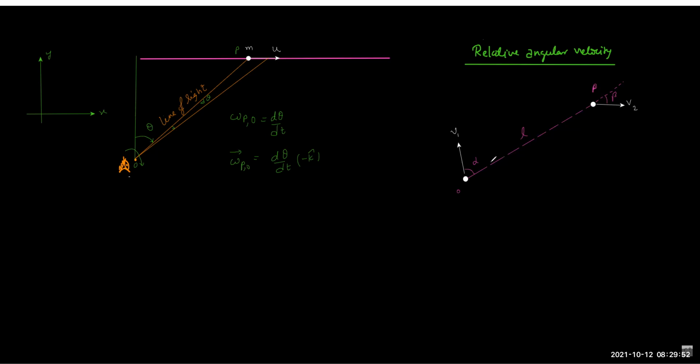So the idea is simple: we can resolve the velocity of this particle along the line joining O and P, and the other perpendicular. We can add like this, and similarly v cos beta, and the other one will be like this. Once you resolve things, it's easy to find the relative velocity.